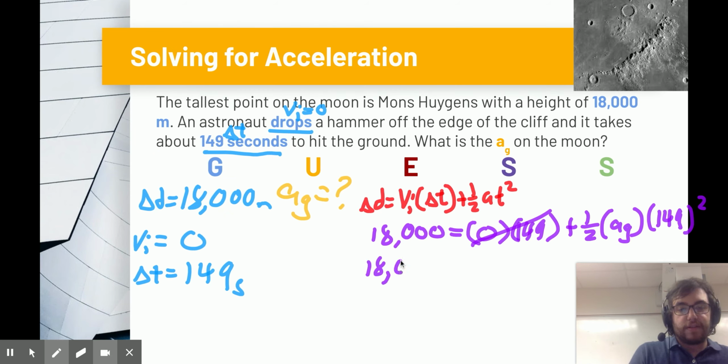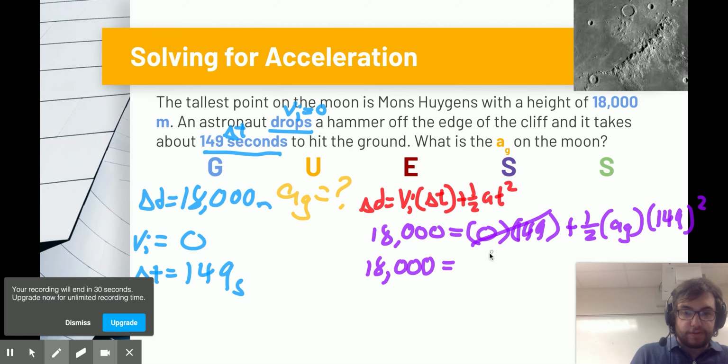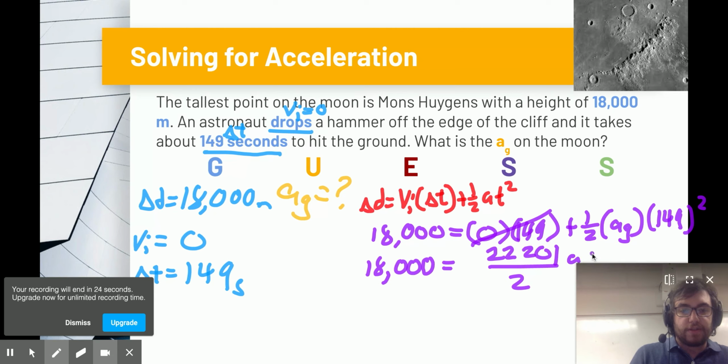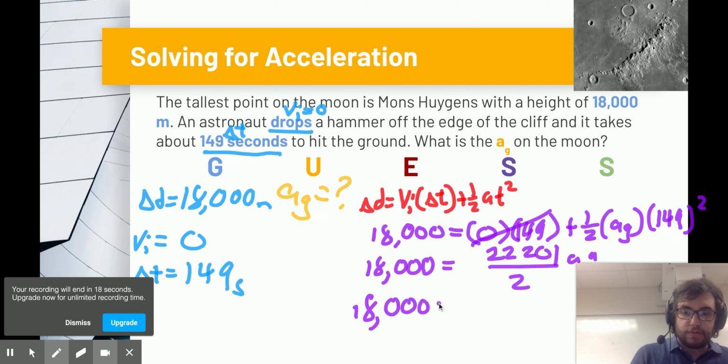Now I have 18,000 is equal to 149 squared is 22,201. 22,201 divided by 2 times AG. Divided by 2 is 11,100.5.